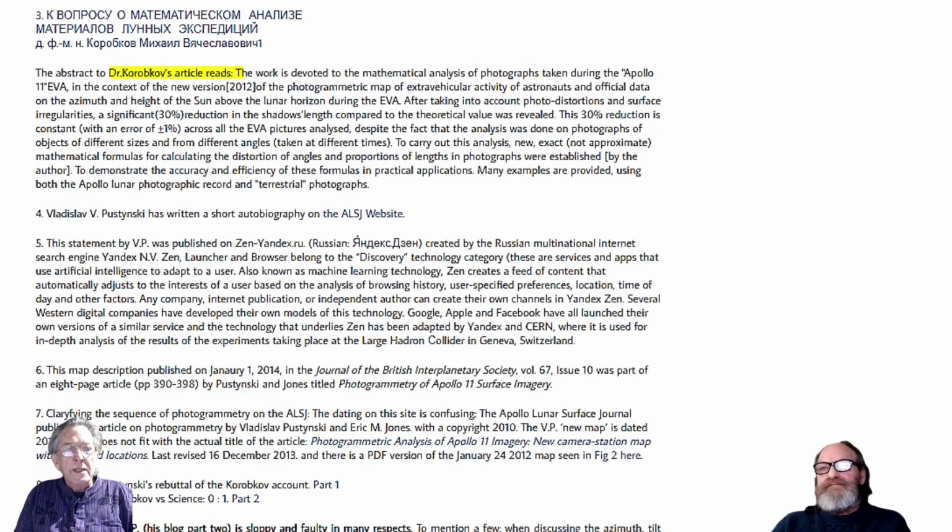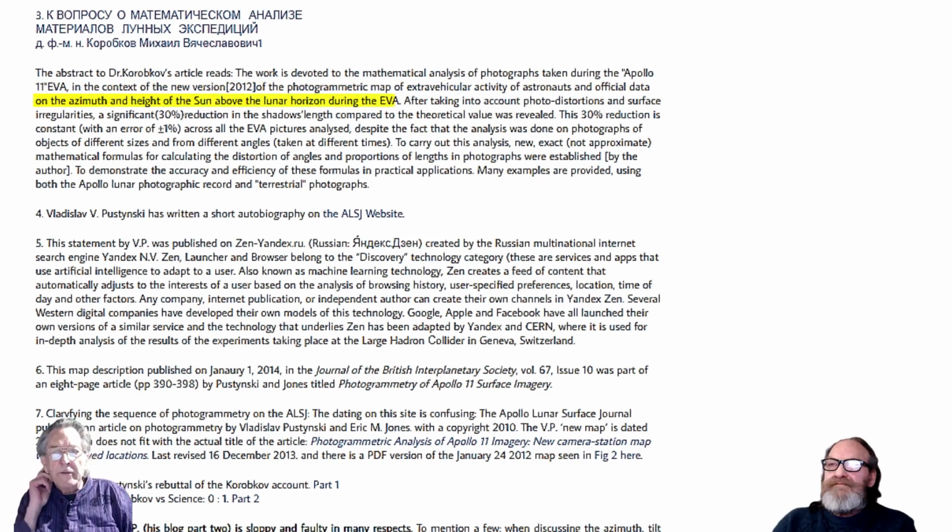The Korobov article reads, the work is devoted to the mathematical analysis of photographs taken during the Apollo 11 EVA in the context of the new version, that's 2012, of the photogrammetric map of the extravehicular activity of astronauts and official data on the azimuth and height of the sun above the lunar horizon during the EVA.